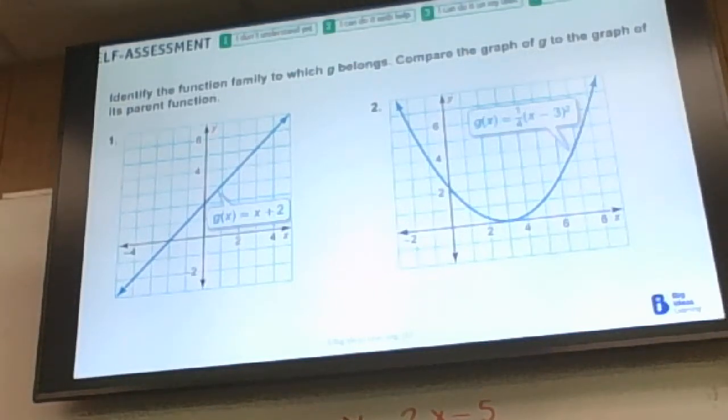It probably has a 2. It translates for the linear one. It translates vertically up 2. So vertical translation. Yeah, vertical translation.